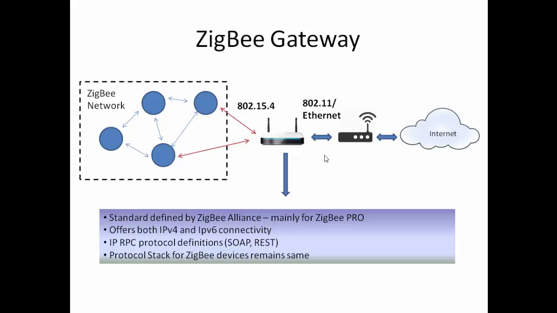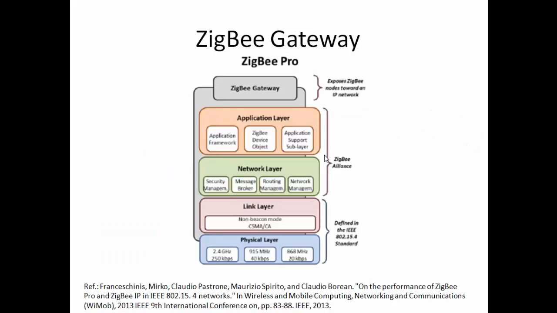Now, one main thing to consider here is that the protocol stack for devices in the ZigBee network remains the same as we had seen before. Whatever protocol stack we had discussed remains in this approach. So the protocol stack remains the same, but we now have a gateway which exposes ZigBee nodes towards an IP network.